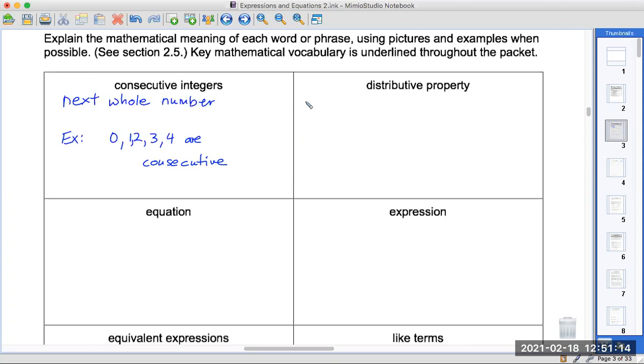Distributive property is when you multiply. It's important that you remember you have to multiply everything in the parentheses by what's outside.